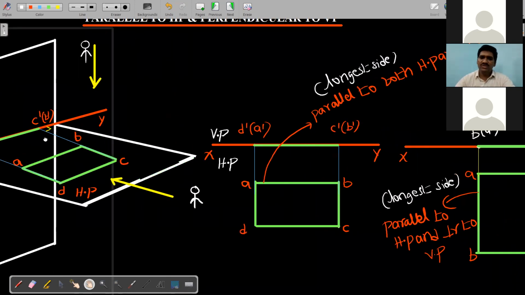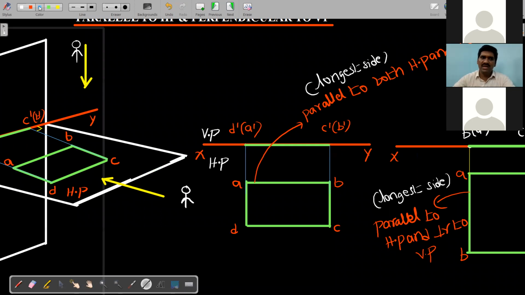How to draw it in the projection? This is not required. You just draw a line of 20 mm height.